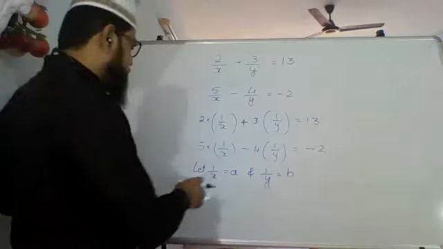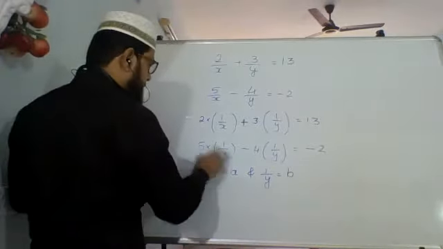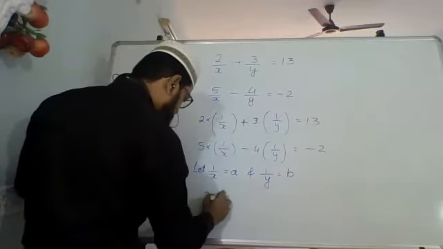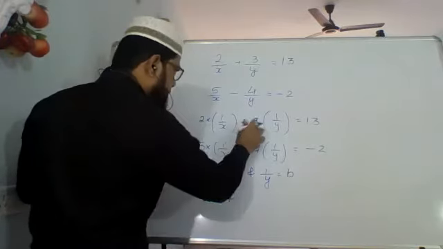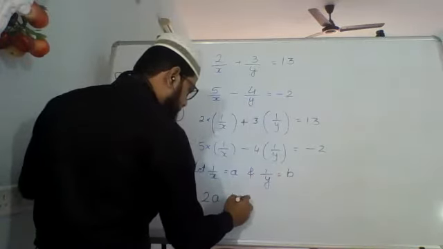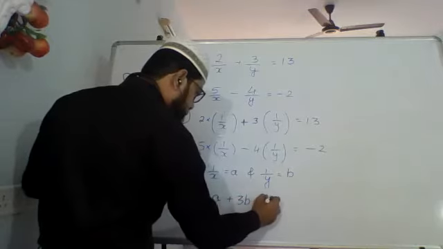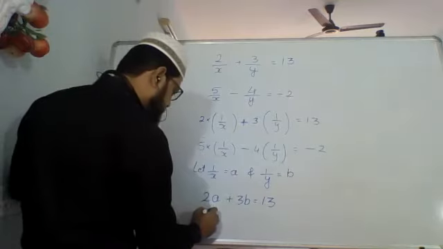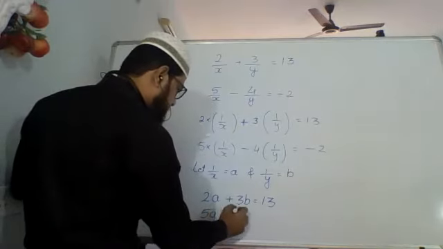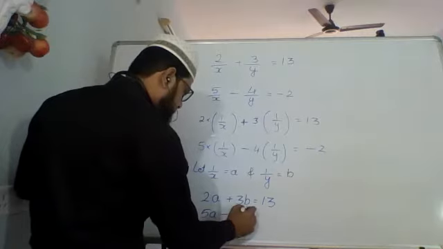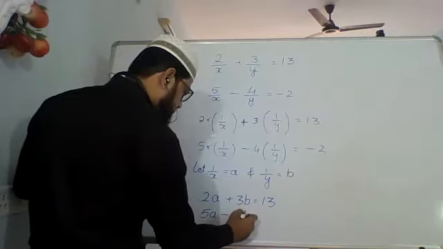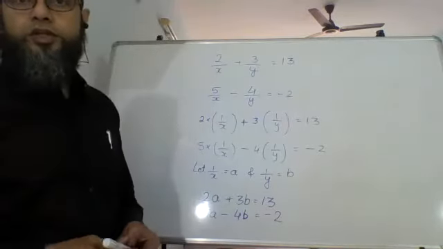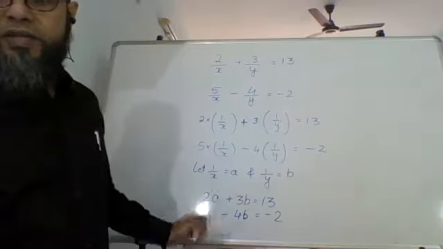So the moment I take 1 upon x as a, this becomes 2 into a, therefore 2a, plus 3 into 1 upon y, which is b, so 3b equals 13. 5 into 1 upon x is 5a minus 4 into 1 upon y is b, so 4b equals minus 2. Till here, are we clear?